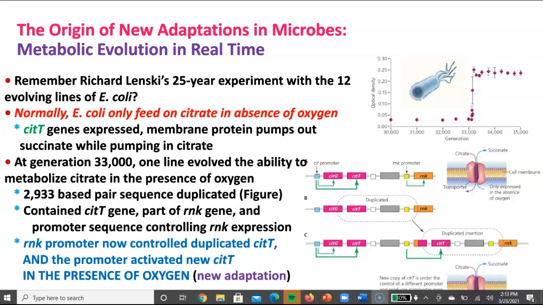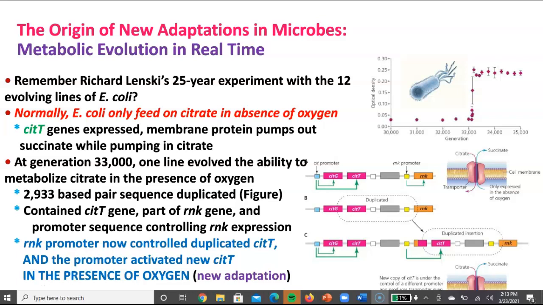So it turned out that one of those lines evolved the ability to metabolize citrate and extract energy from it in the presence of oxygen. So a whole new metabolic innovation. And what was discovered was that there was a 2,933 base pair sequence that was duplicated.